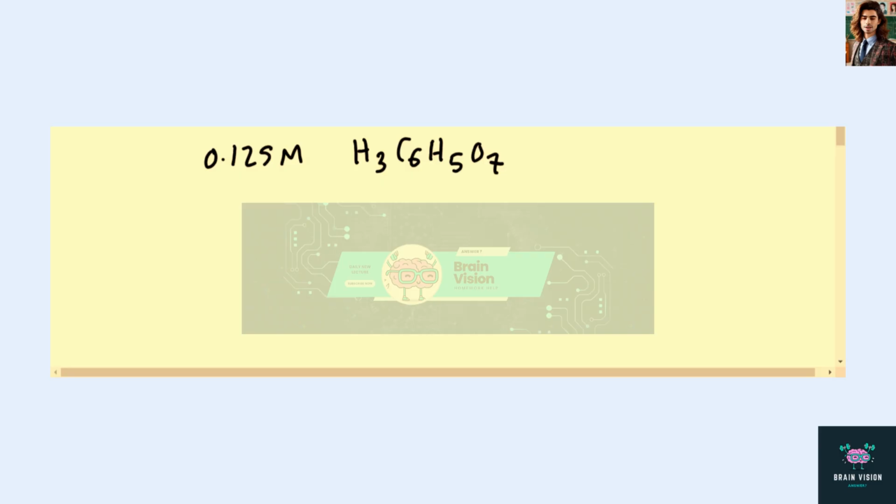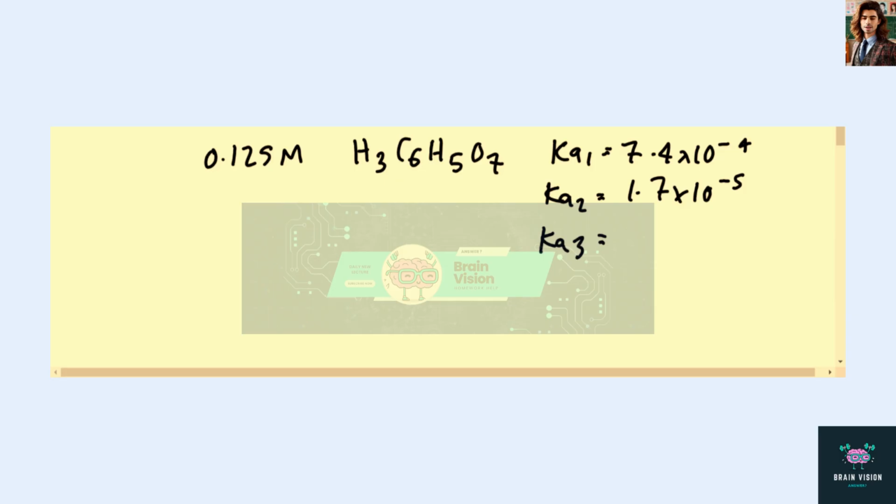So in this case, we would have three different acid dissociation constants, and we would assume that Ka2 and Ka3 are negligible, so we would just ignore them and we would focus our attention on the first one only.